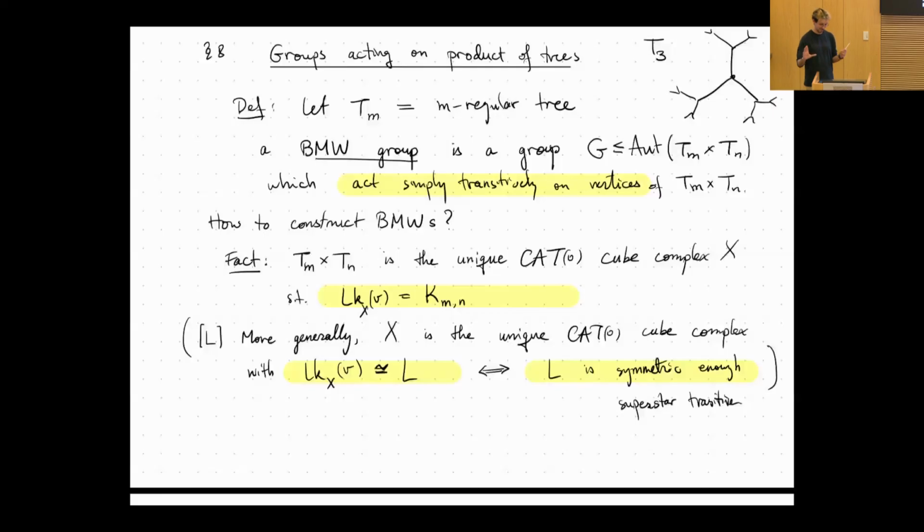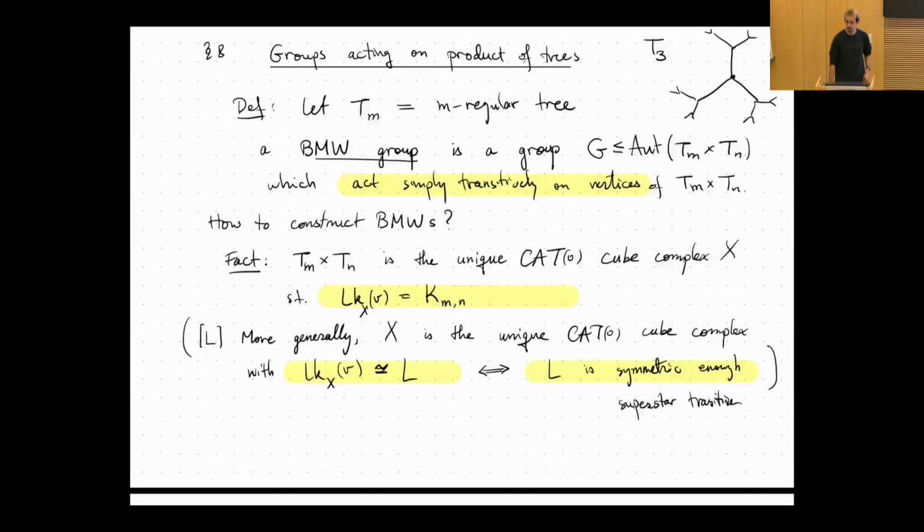That's a very good comment. You see, I don't even remember my own definitions. So star transitivity means you can take any vertex whose star is isomorphic to the star of another vertex by an automorphism. That's so in some sense, okay. Yeah, anyway, but if L is symmetric enough, and believe me that.